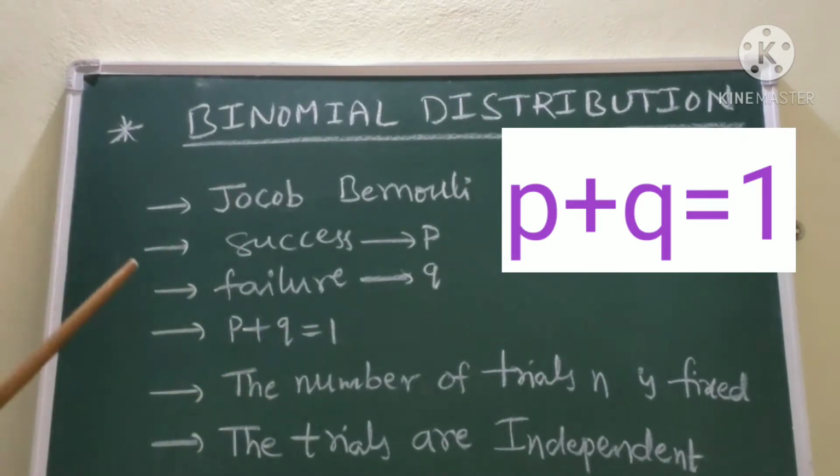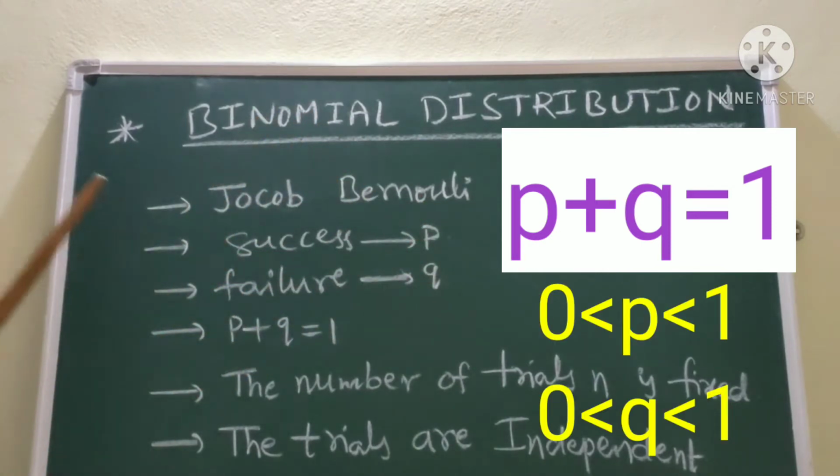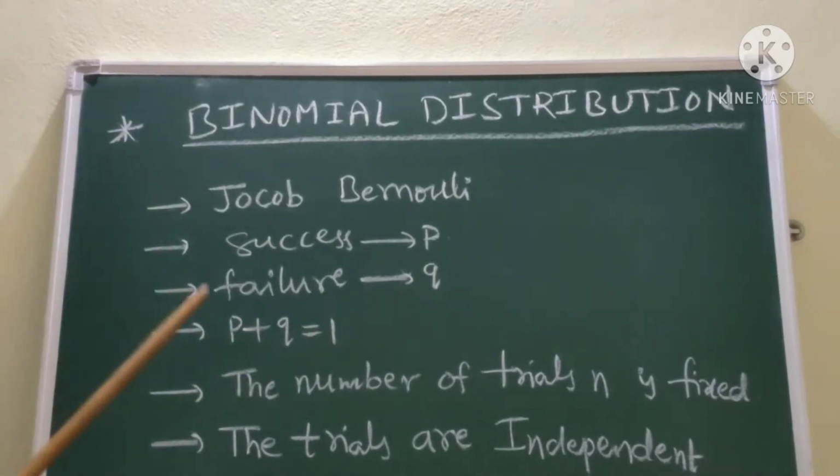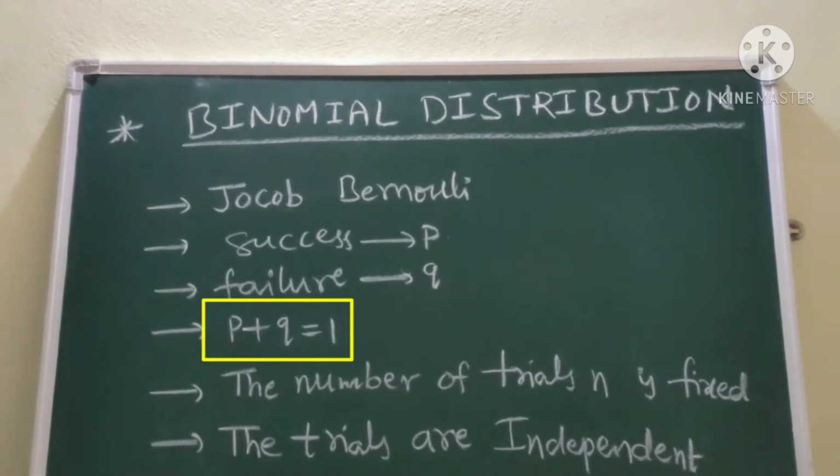And remember this, individually P and Q always lie between 0 and 1. The sum of probabilities of success and failure is equal to 1.